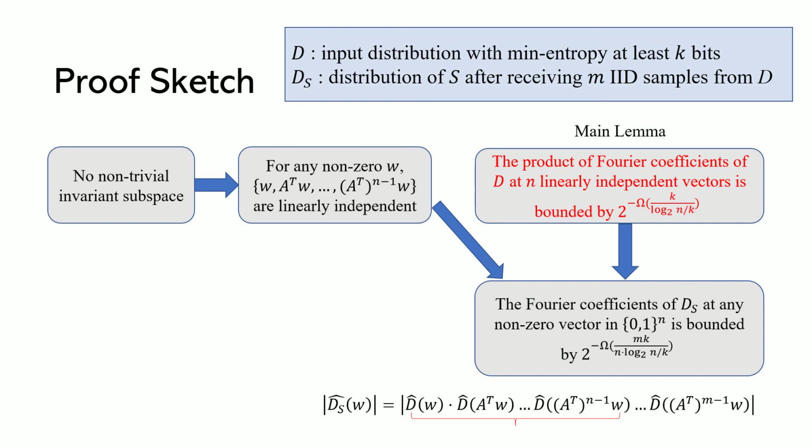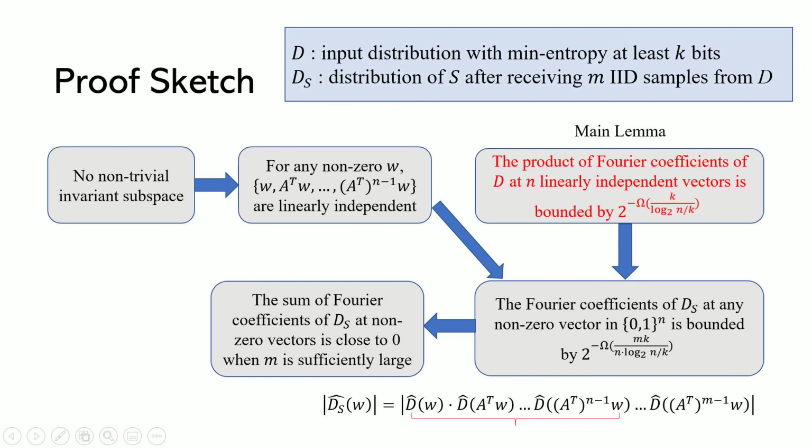So we can apply the mean lemma to every segment and then bound the Fourier coefficient of ds at W. Notice that the individual Fourier coefficient of ds at any non-zero vector is exponentially small when m is sufficiently large.